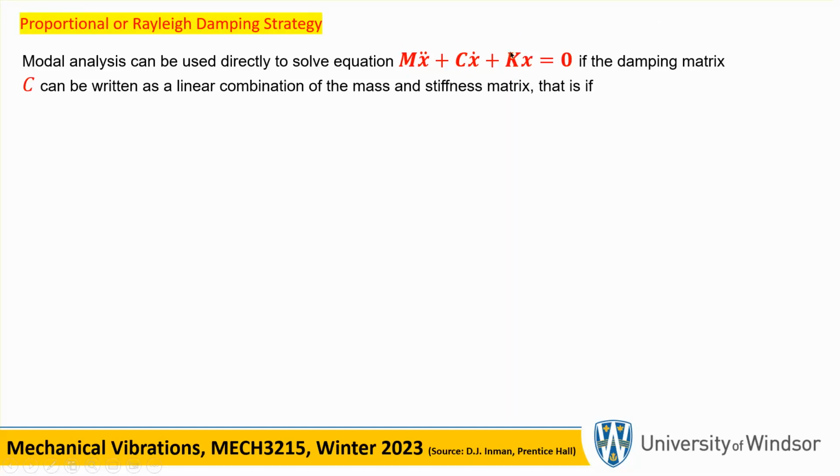So if these are diagonalized through M tilde and K tilde, this better be diagonal too, so that these equations are decoupled. One way of guaranteeing that this matrix C can be diagonalized with the same transformation is to pretend C is a multiple of the mass matrix plus a multiple of the stiffness matrix.